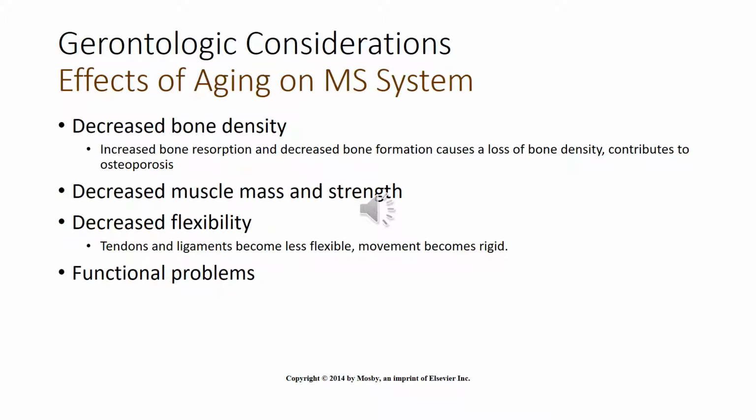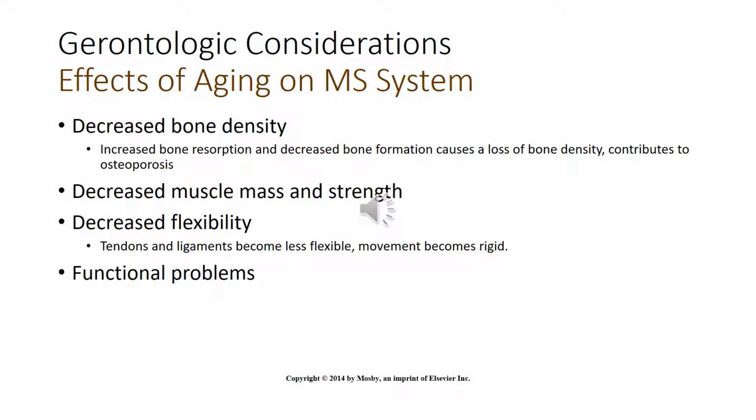So basically the bone remodeling process is altered in the aging adult. We have increased bone resorption and decreased bone formation. So this causes a loss in bone density, and it could develop into osteopenia and osteoporosis.